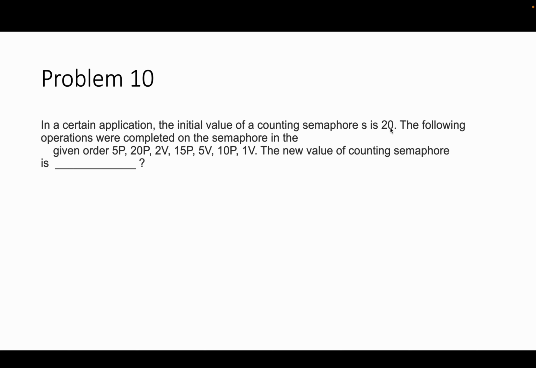So S here is 20. When you do 5P, that means 5 times down, so 5 times you are going to decrement. If you decrement 5 from 20, it will become 15. Now you have the next 20P, so you will again do 20 decrements, 20 downs. Next, you will have V, so you will increment.